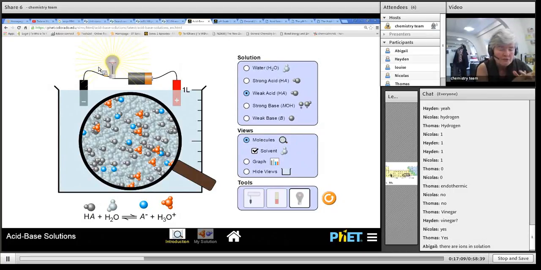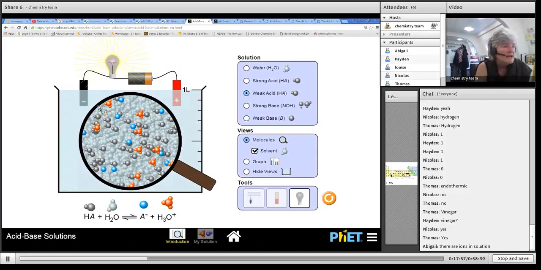So what you've got to ask yourself is, do I have any charges in solution? Abigail, fantastic. Okay, I have got ions in solution. Ions are charged particles. So both the A minus and the hydronium ions are charged. When they move, the negatives will move to the positive pole and the positive will move to the negative pole, and so they will be conducting a current.